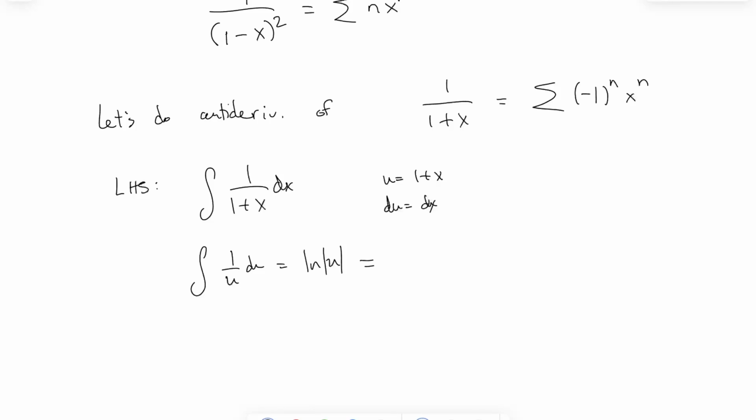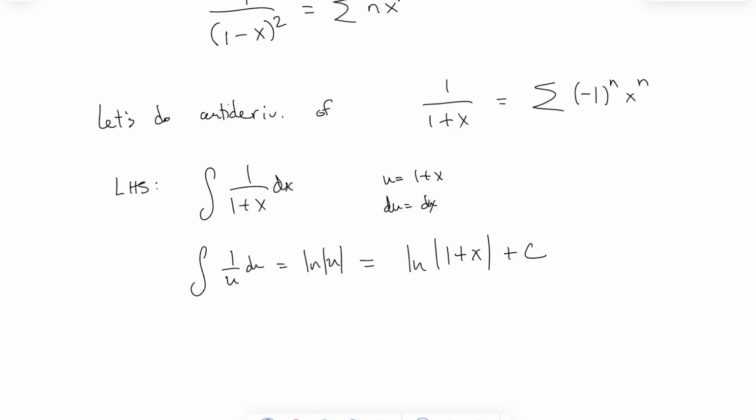Okay, and then I should plug the original variable back in. This is ln of 1 plus x, like that. All right, so that's the left side. Really, I should put the plus c here, and we'll have to decide what the c is. I suppose we'll have to deal with the c. It's not a big deal.